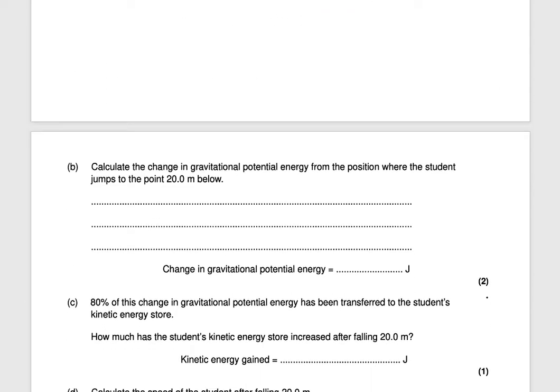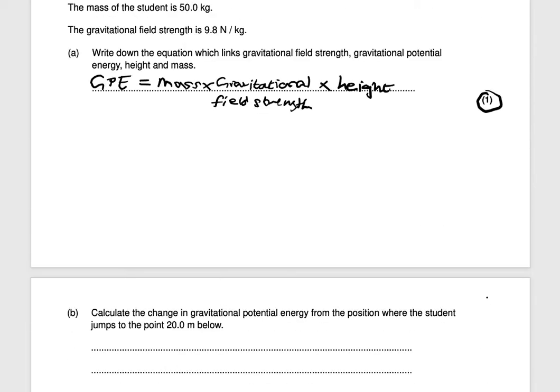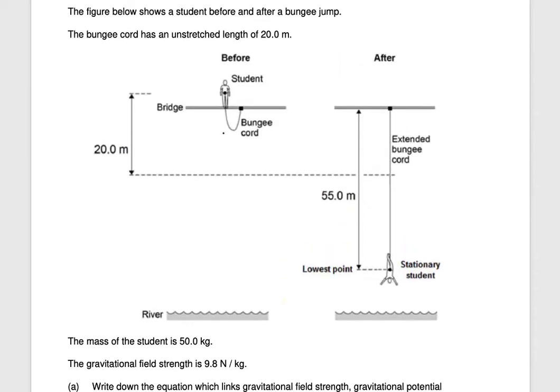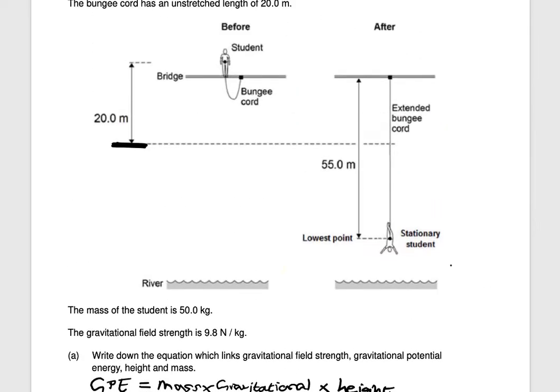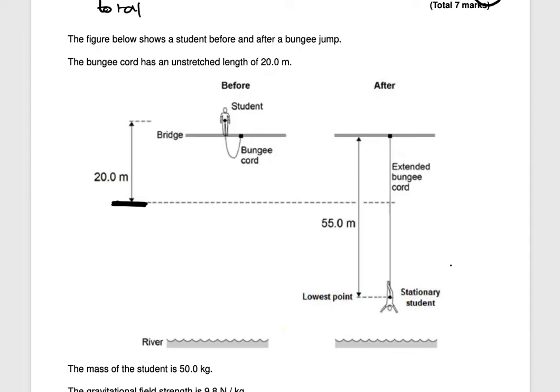Next question. Calculate the change in gravitational potential energy from the position where the student jumps to the point 20 meters below. So at this point we need to calculate the gravitational potential energy. So we know the mass is 50, we know the gravitational field strength is 9.8, and we know that the height is 20 meters.